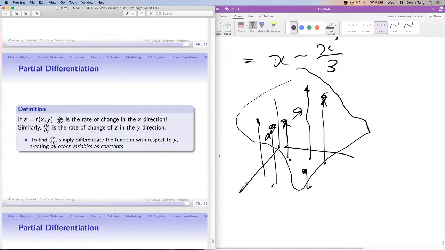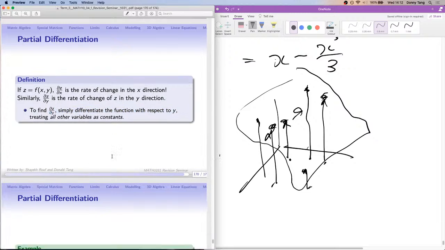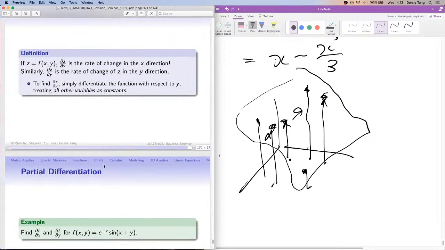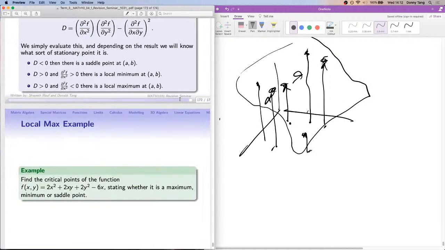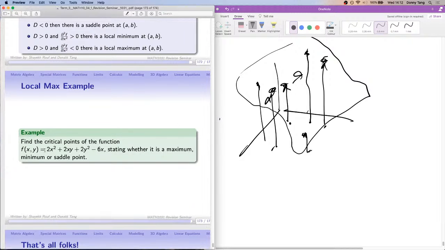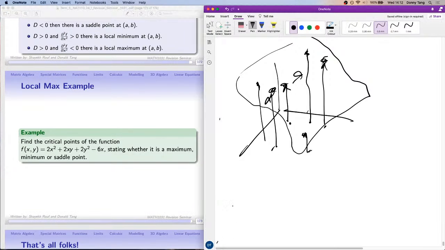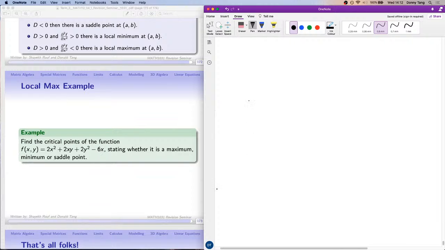All you need to do is differentiate with respect to y, treating everything else as a constant. So this example is a little, I wonder if there's an easier example. Okay, I'm going to do this, and I'm going to differentiate in terms of y, so dz on dy.